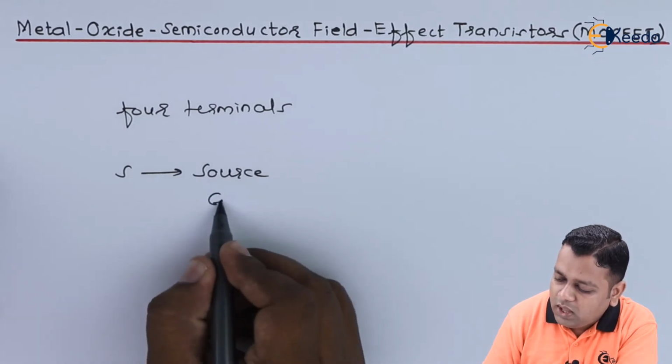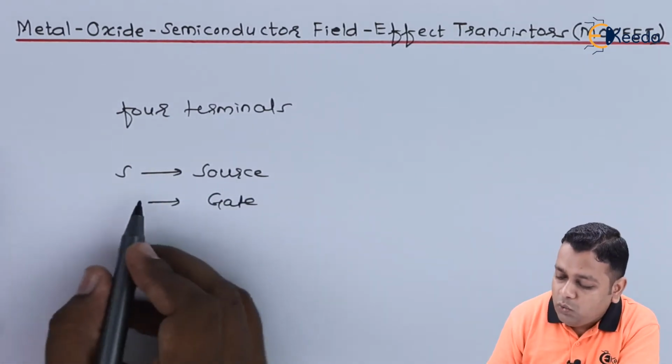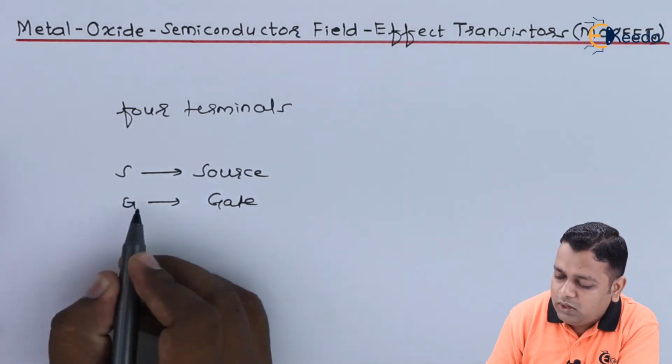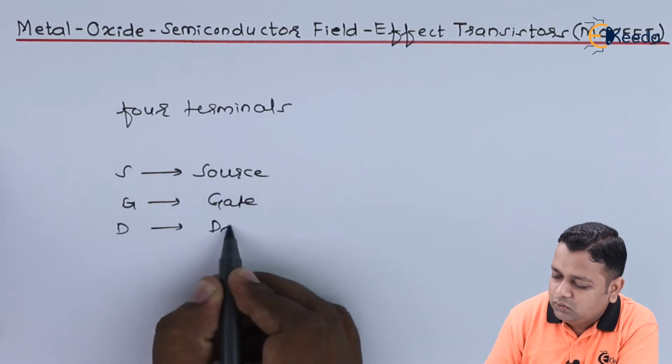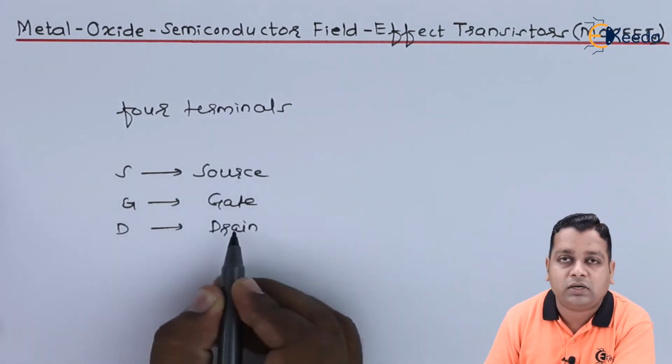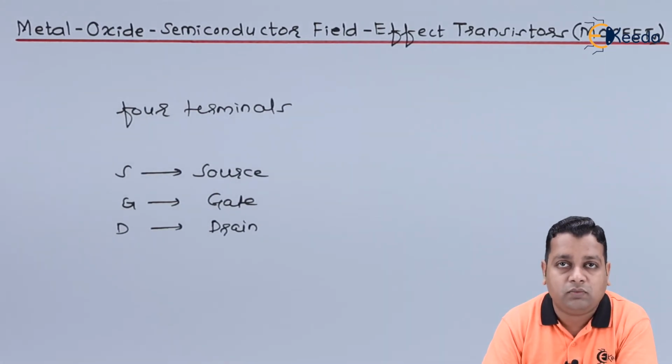Next to that, we had the gate terminal that used to control the output current that we call the drain current, and D is the representation of the last terminal, the drain, that is taking out the flow of electrons from the region of the semiconductor material of the device after the completion of operation.